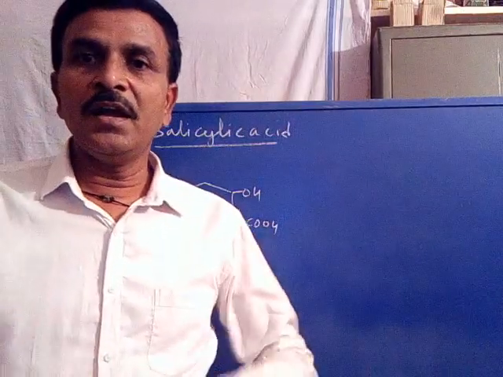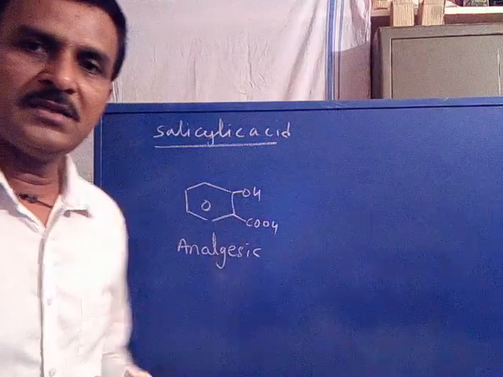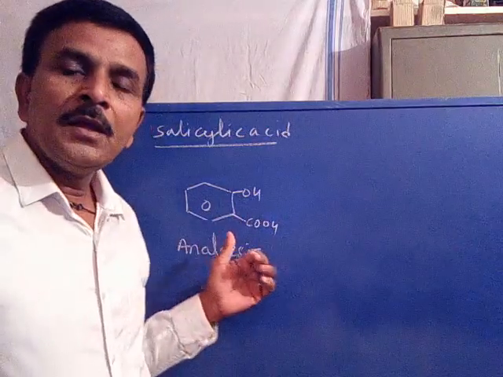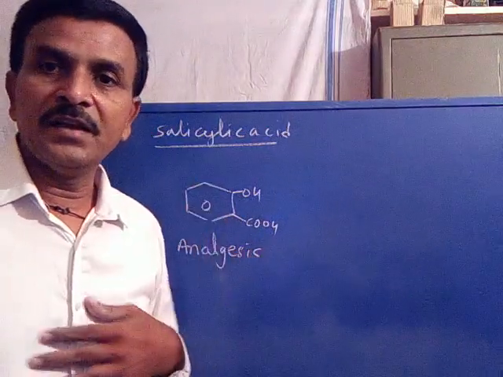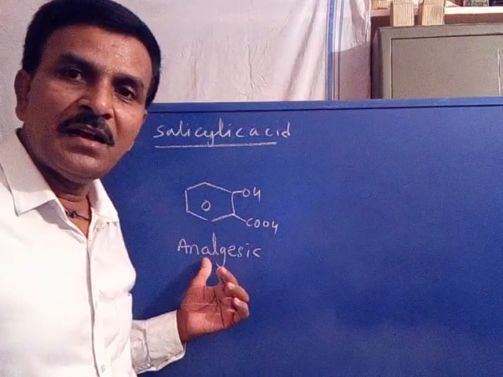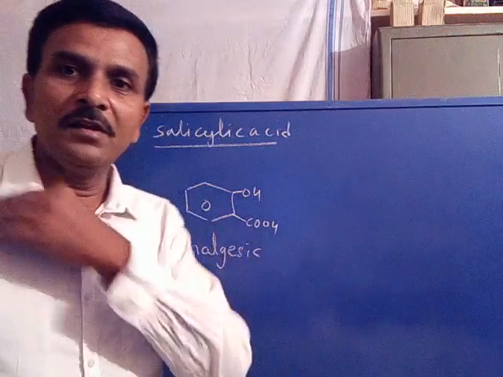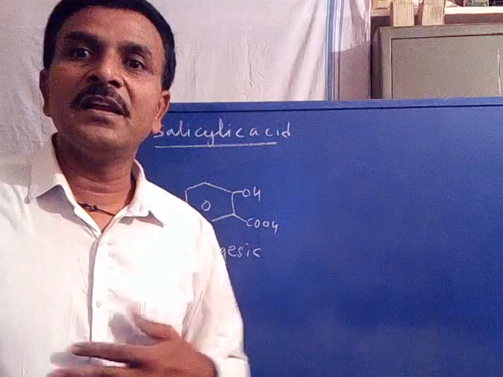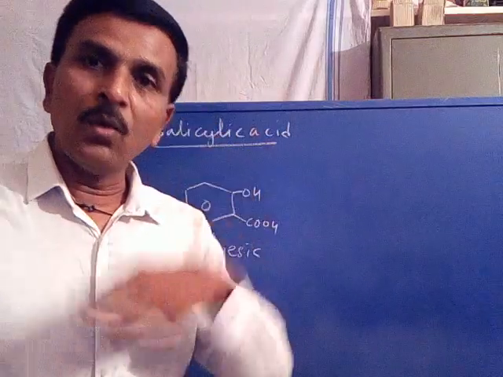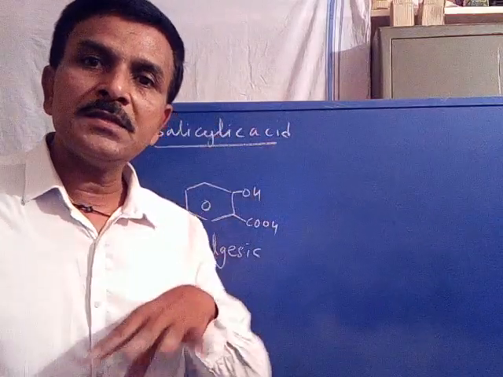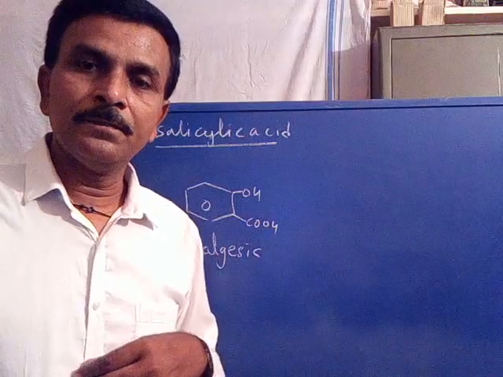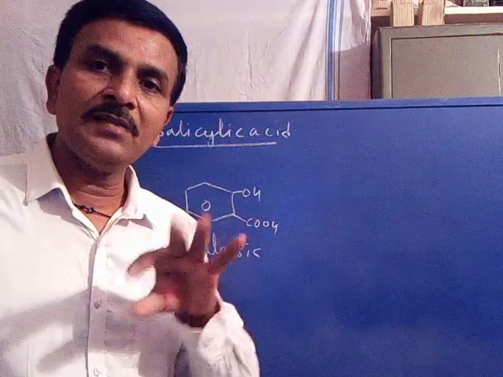Salicylic acid is a good analgesic drug because of its strong acidic nature. However, it is analgesic, but it is a strong acid. Because of its strong acidic nature, when applied orally, it causes gastric bleeding, damage of the epithelial layer.